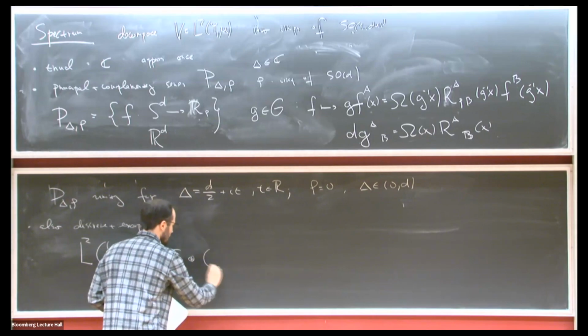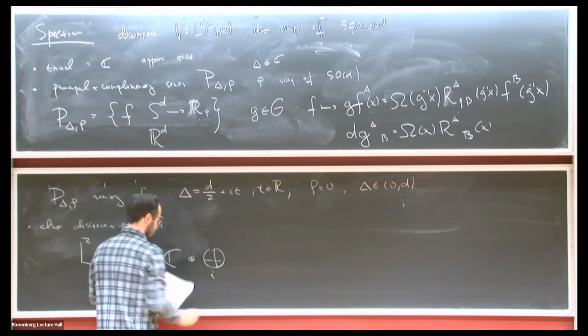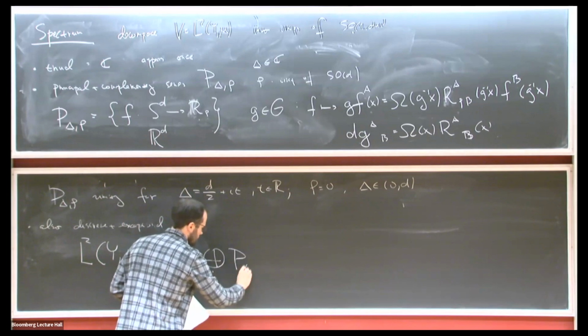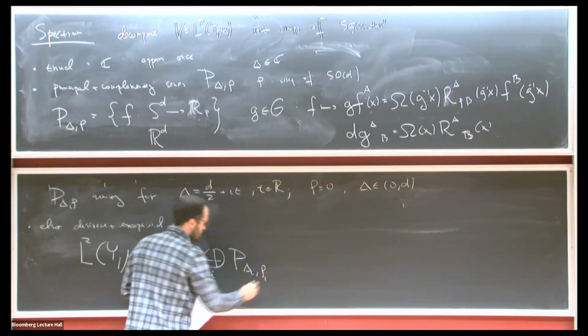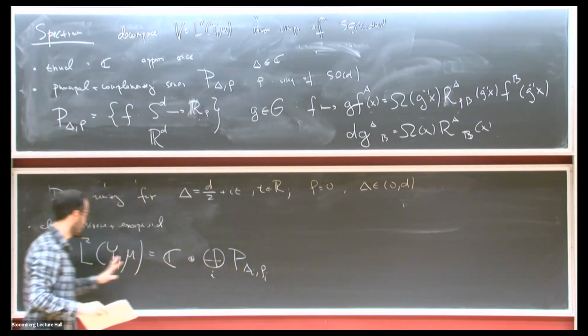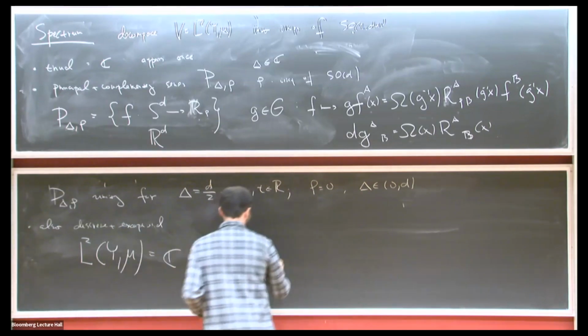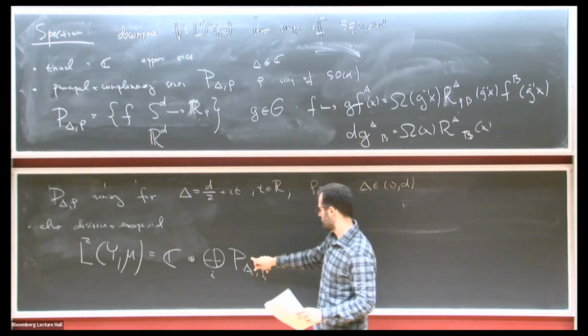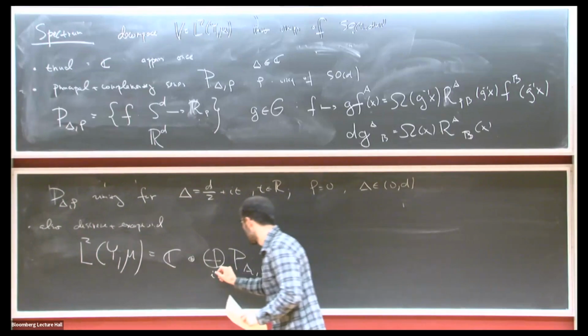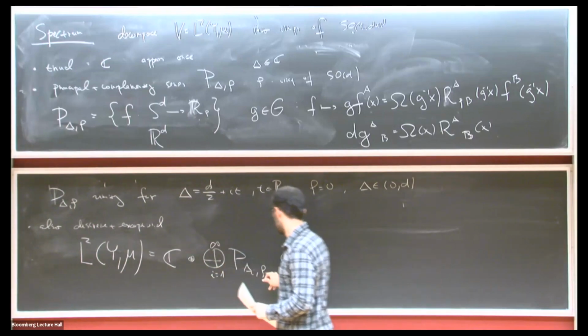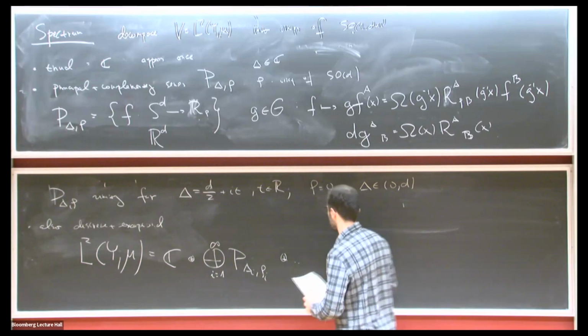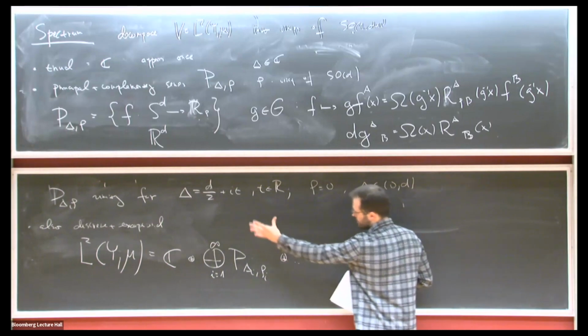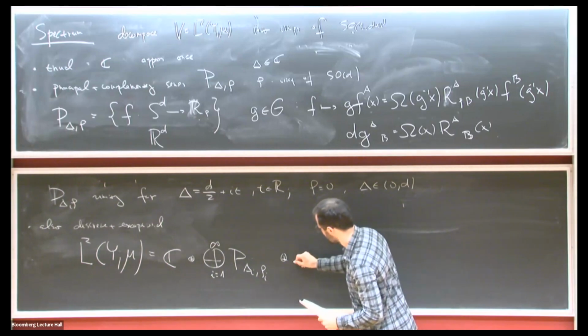Let me write what it would look like if the spectrum was discrete. There's a spectrum which emerges for every y and mu: the principal and complementary series, so some infinite set of rho and delta, and I'm going to write the contribution of discrete and exceptional series as just dot dot dot.